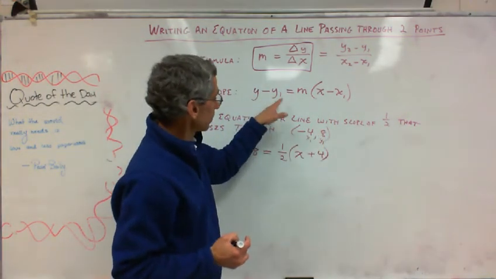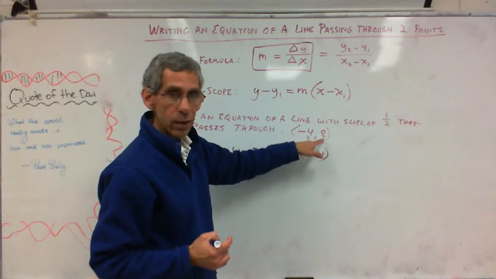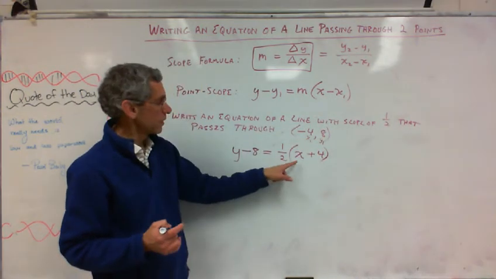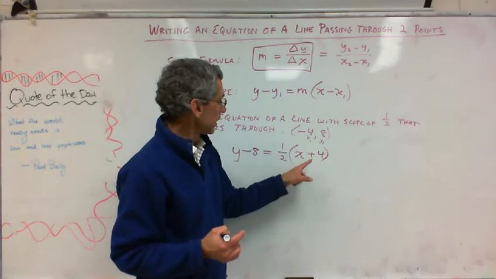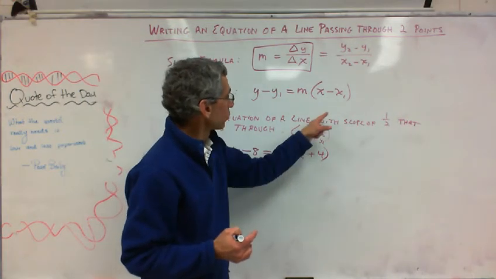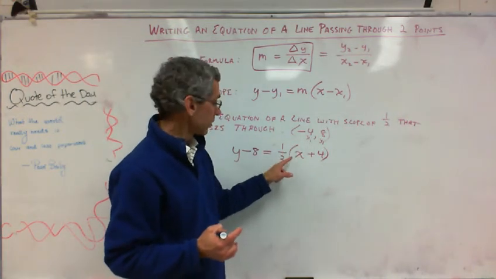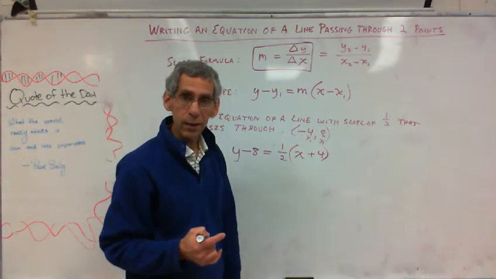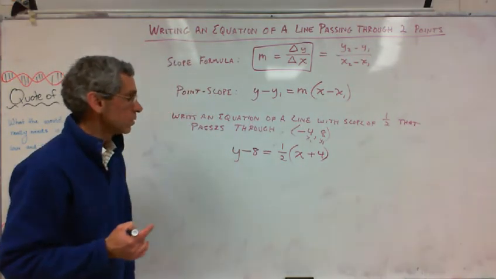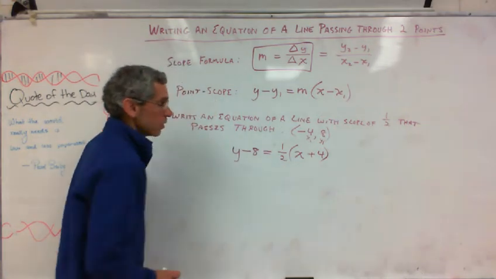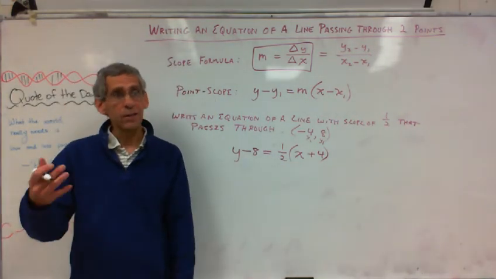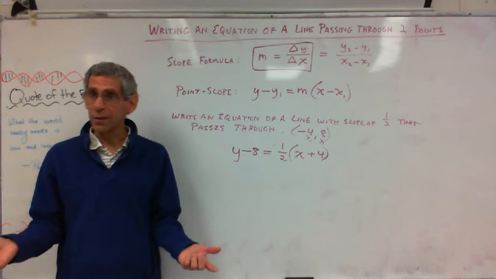Y minus 8, because 8 is the y1, equals 1/2, because that's your slope, parentheses, x minus x1. x1 is minus 4, so x minus a minus 4. Minus minus means plus, right? So as long as you have a point and a slope, it is a piece of cake to write an equation. Am I right?